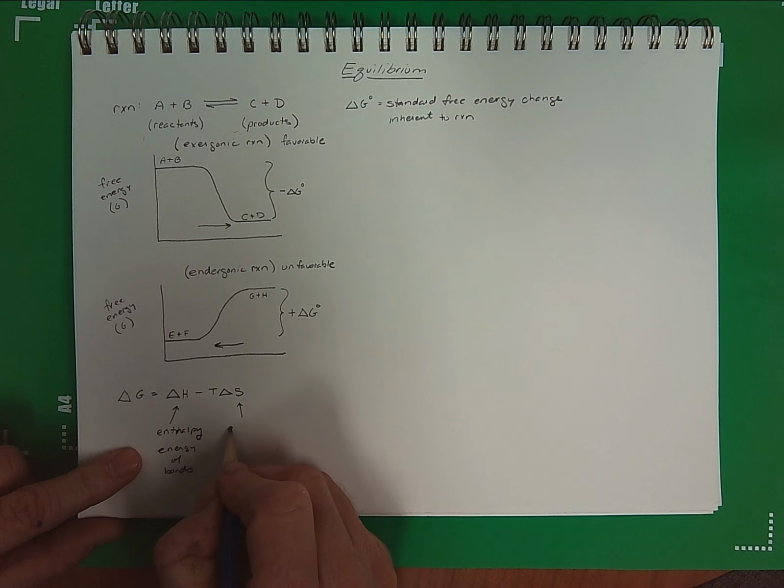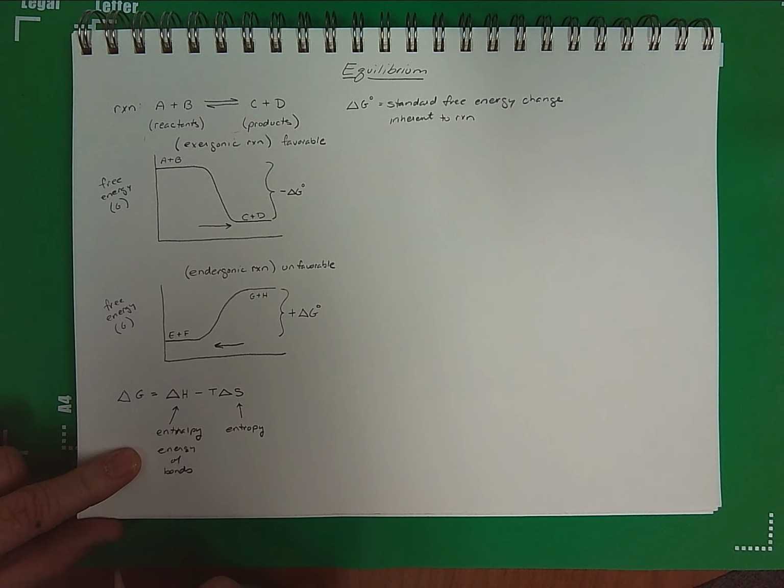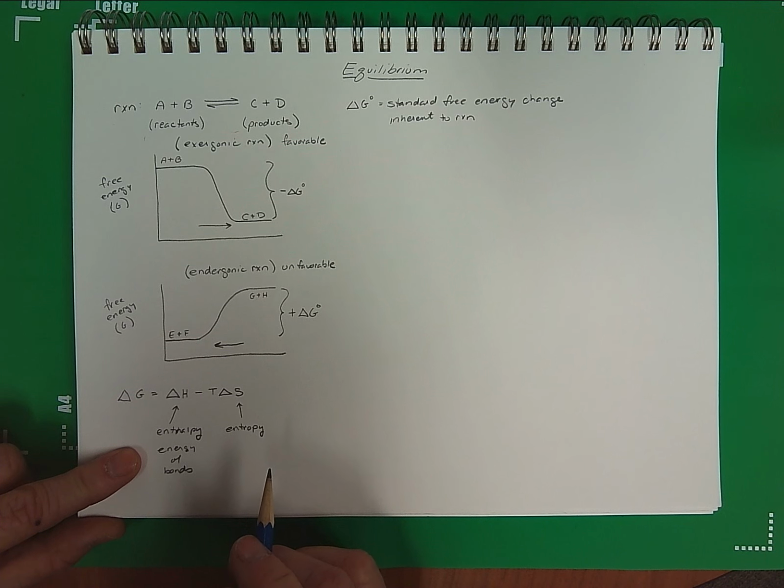Delta S is entropy. And entropy takes into consideration the second law of thermodynamics, that in all systems in the universe, reactions tend to head toward the highest level of entropy. But entropy is a measure of order.